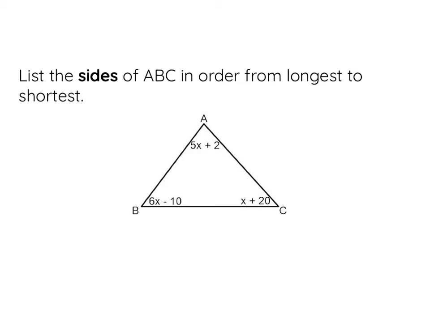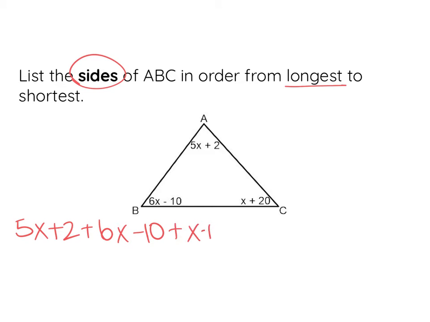Now this one we're going to do the same thing. List the sides from longest to shortest. Now, I don't know what these angles are, but I can do some math here to figure that out. I know all the angles in a triangle have to add up to 180. So first I'm going to figure out what x is to figure out what each angle is.